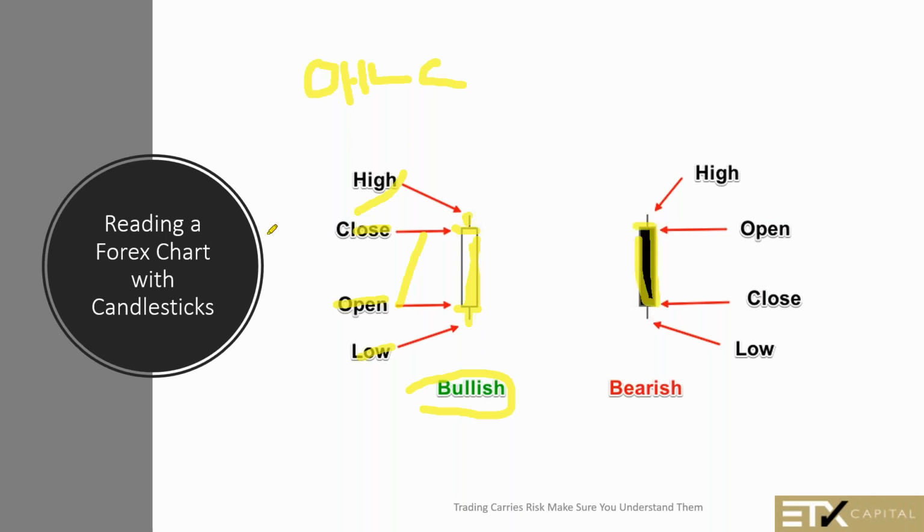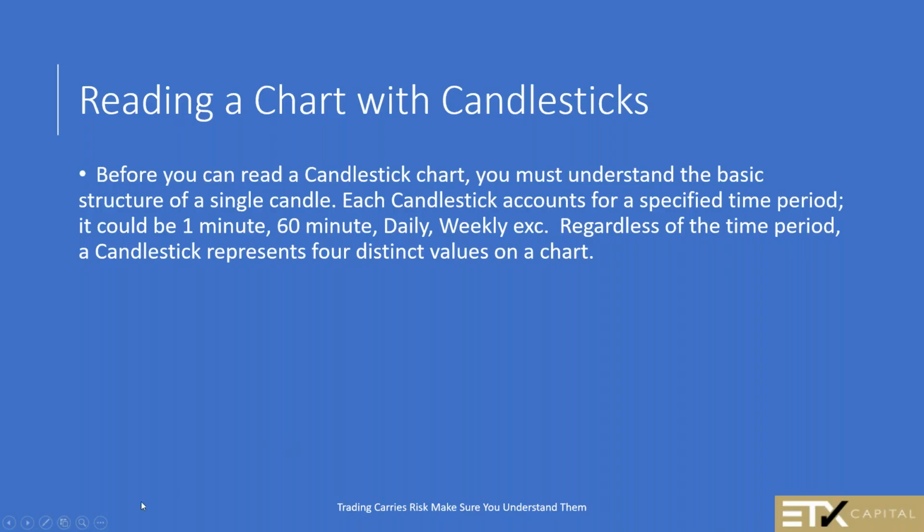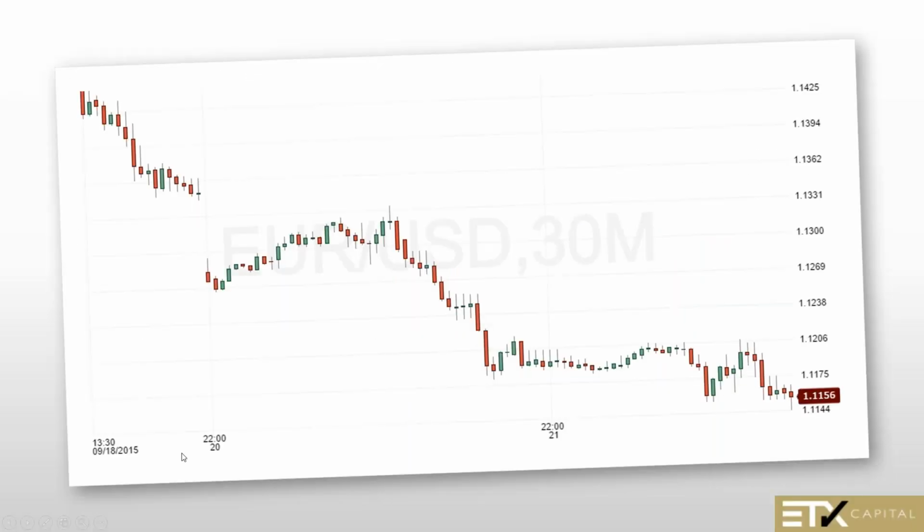Now, the biggest drawback to candlesticks is that when we color the candles in with reds and greens, we have a psychological effect, because we're human beings, and human emotion and human psychology plays a serious part in the markets.